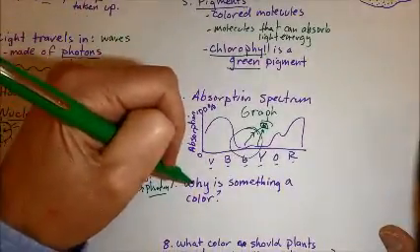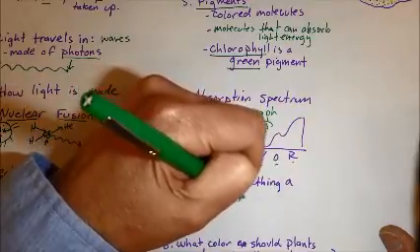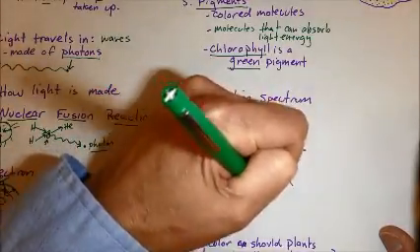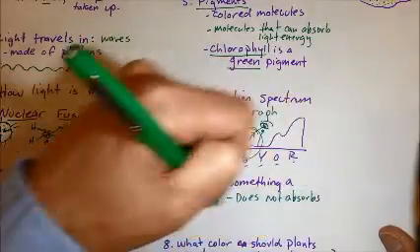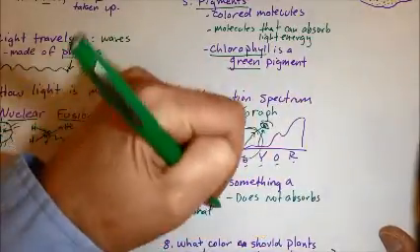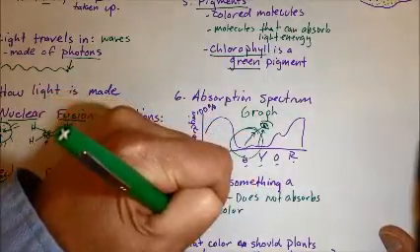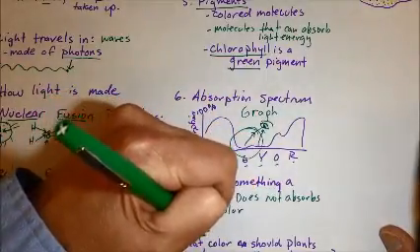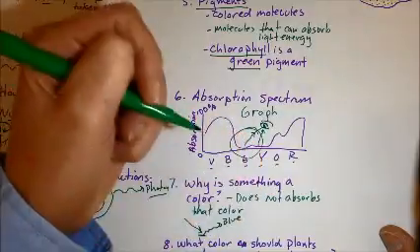For the next one, why is something a color? It's a color because it does not absorb the color that we see. So if something looks blue, all the light hits that pigment, but blue isn't absorbed. It bounces off and hits you in the eye.